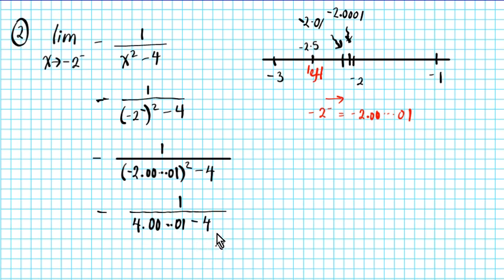Okay? Now we can use arithmetic to finish this off. You have 1 over, put the negative there, let's not forget that. 4.001 minus 4 is going to be 0.00, infinite number of zeros, 0, 1. This can be condensed into an infinitesimal, 0 from the right.